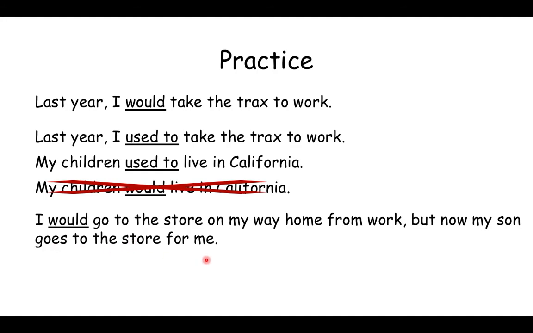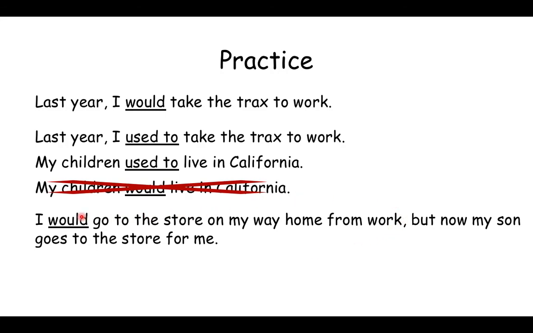So this is an example of a sentence that tells us things that you can't really say in regular past tense, and this is why we use it in English. So I would go to the store on my way home from work.